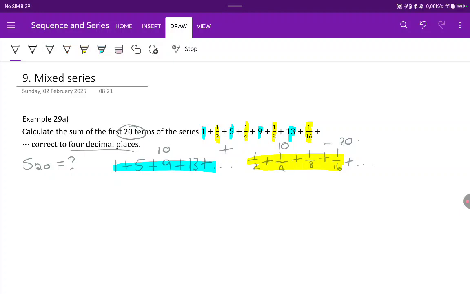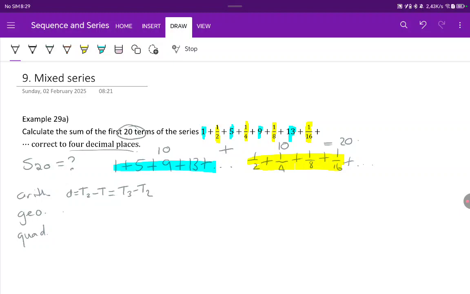So now I need to understand what kind of sequence or series do I have? What are our options? Our options are arithmetic, geometric, or quadratic. Those are our options. So let's see. For arithmetic, we know that d is equal to term 2 minus term 1, which is equal to term 3 minus term 2.